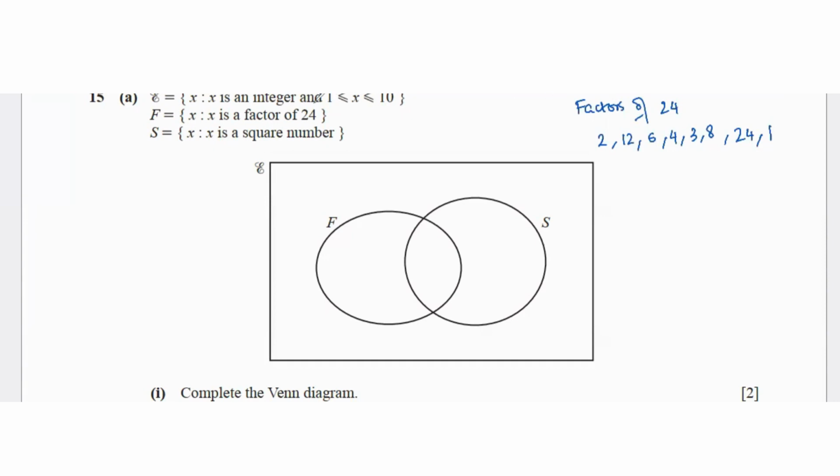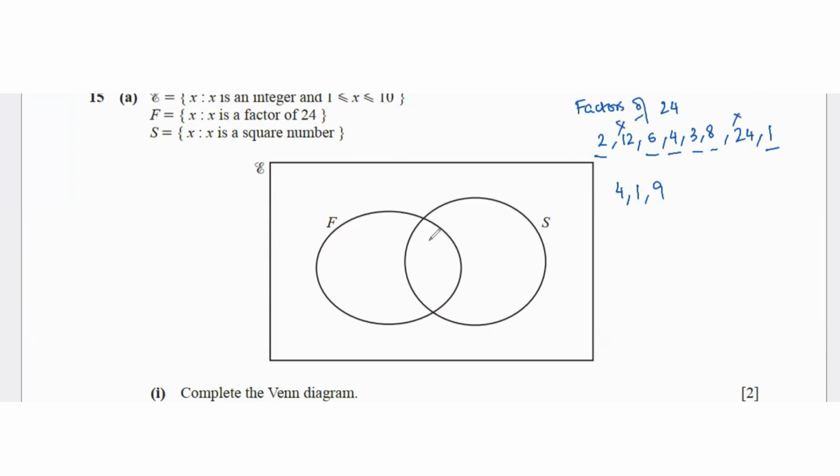Now square numbers between 1 to 10 are going to be 4, 1, and 9. So if we look at what's common between the factors of 24, which are only limited to this, and this, 12 and 24 are out because they're greater than 10.